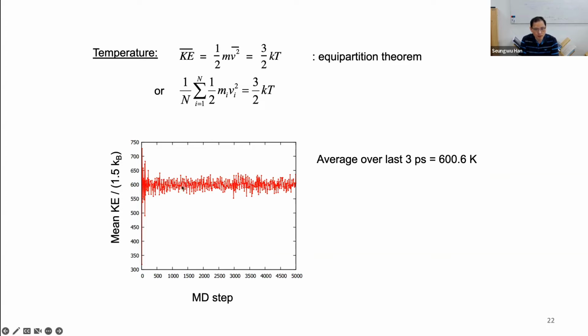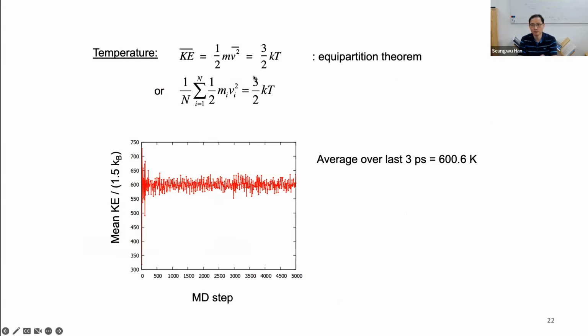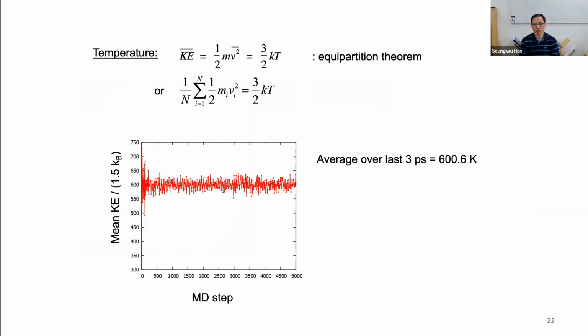On average it is 600 Kelvin, which is what we imposed in the beginning, meaning that the thermostat is actually working. There are some small fluctuations. This is because we are dealing with a finite system. As you increase the size of your simulation box from 5 by 5 by 5 up to 10 by 10 by 10, or even further, you get smaller and smaller fluctuations. So the fluctuation is a characteristic of the finite system.